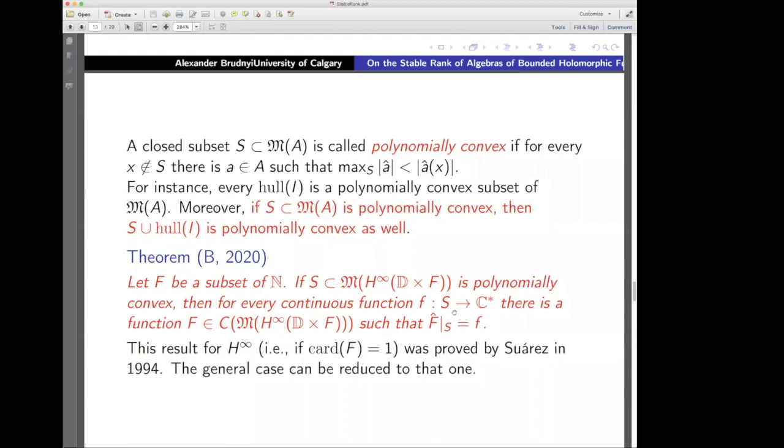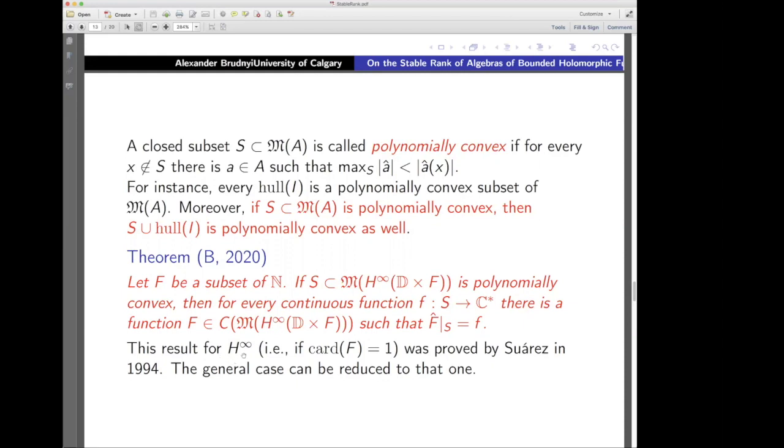So the difficulty here is that this is just a nonlinear interpolation problem, because our function f has values not in C, but in C minus 0, and the extension also takes values in C minus 0. And this is why it is difficult to prove.